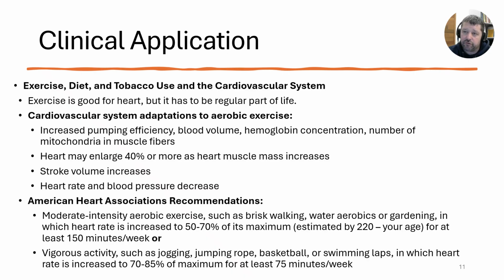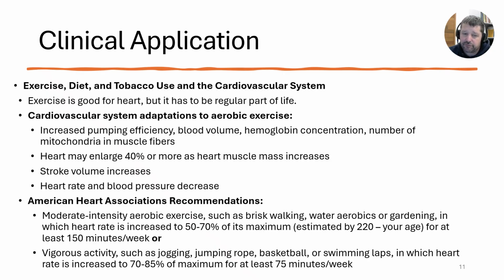You should be shooting for a heart rate that is increased to 70%. So 70% of 200 is about 140. That's what your heart rate should be for about 150 minutes a week.